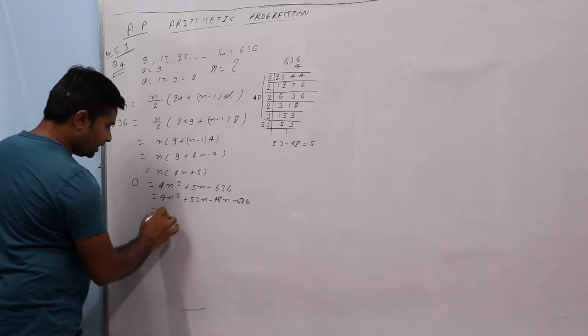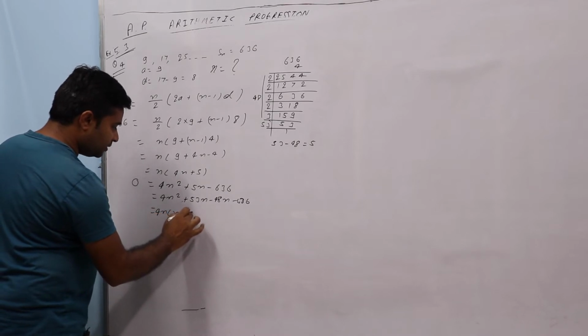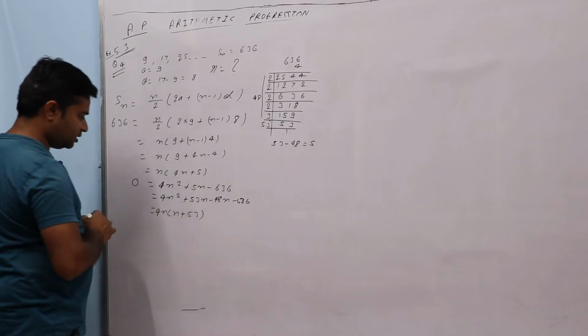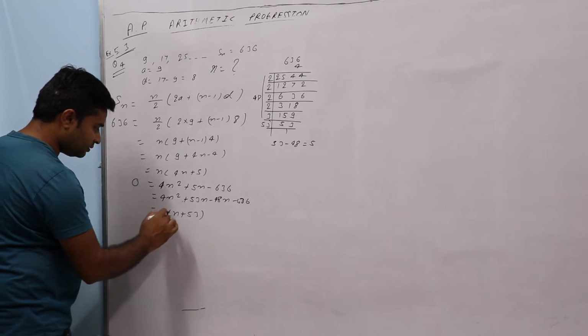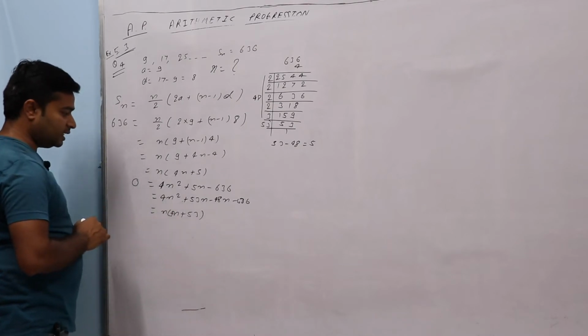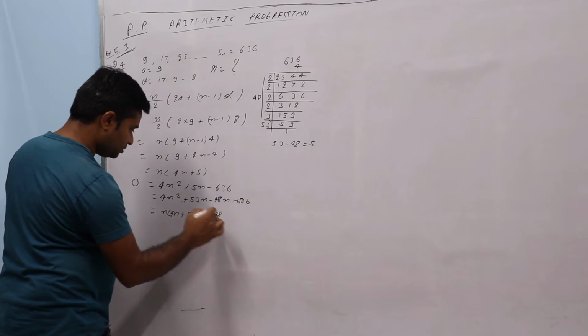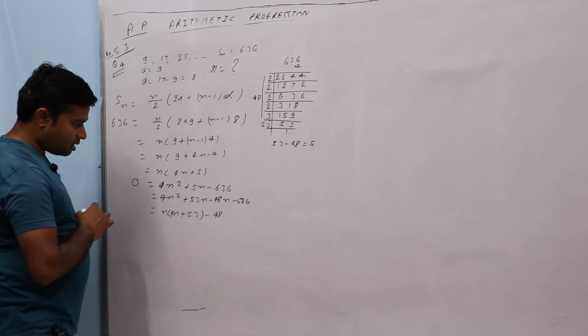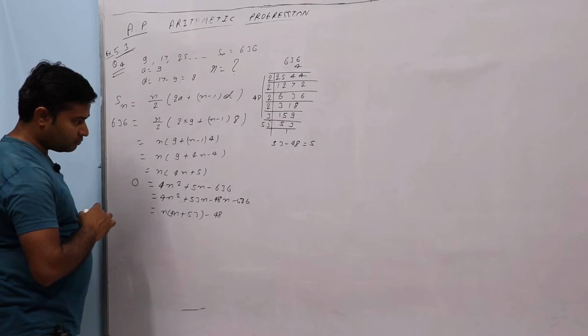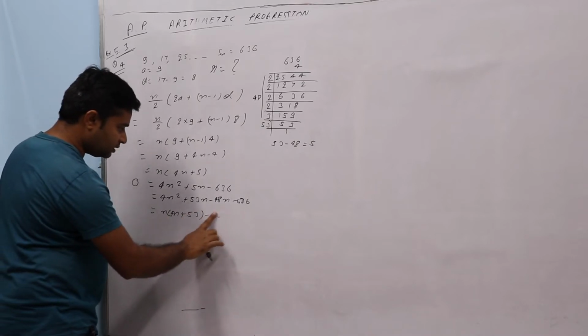Here 4n is common, so n into (4n plus 53) will remain, and from the rest we take out 12.